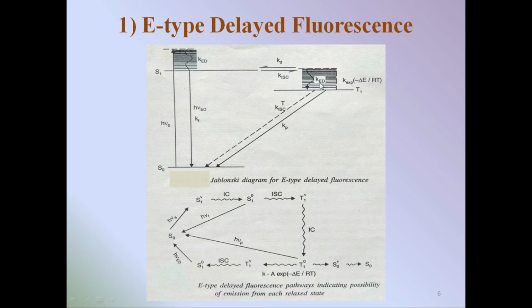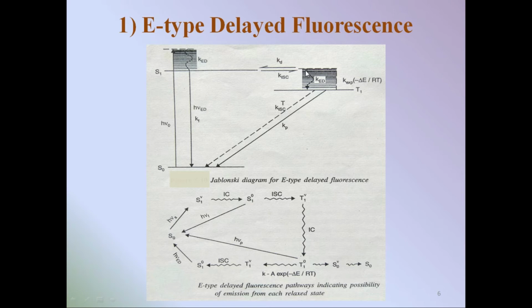Such molecules show E-type delayed fluorescence. Here the molecule is initially excited from ground state S0 to singlet energy level S1. Later it moves from singlet S1 to triplet T1 by the intersystem crossing mechanism.